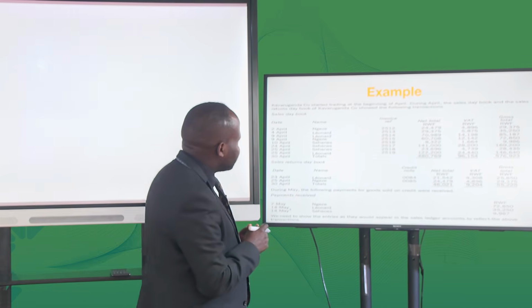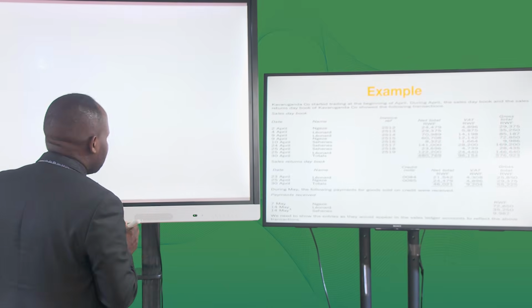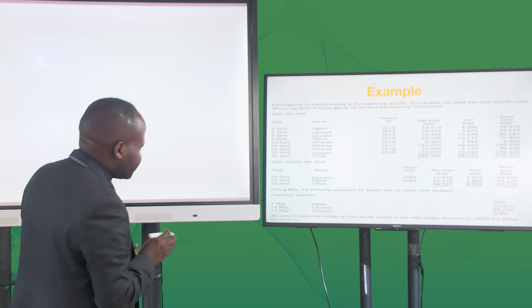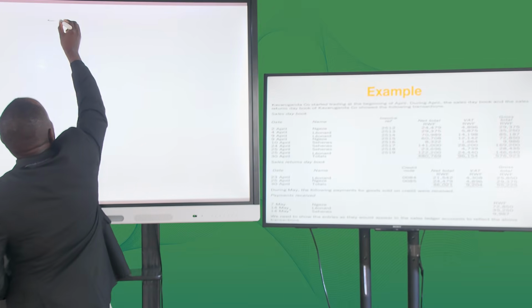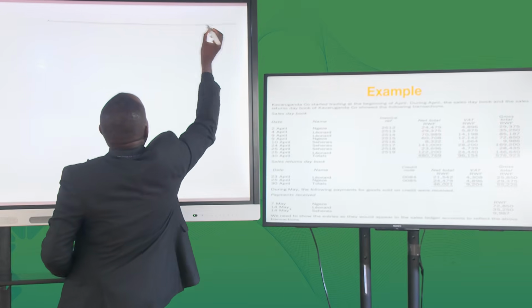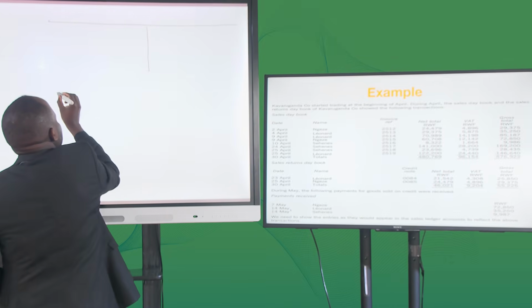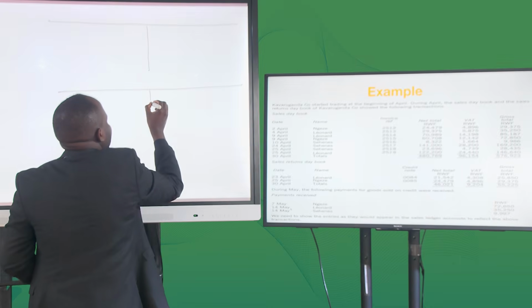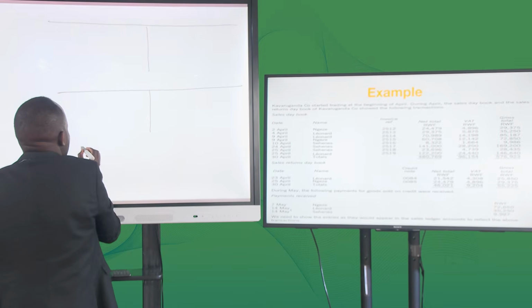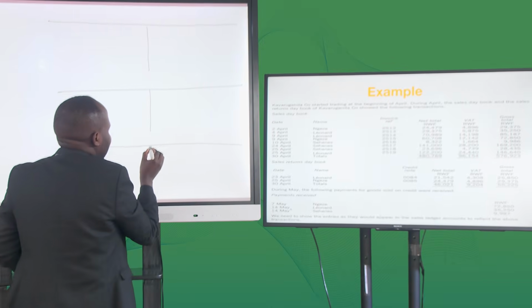So in this case, if we were to draw the receivables account of each customer, we will have 3 T accounts. The first T account, the second T account, and we will have the last T account.